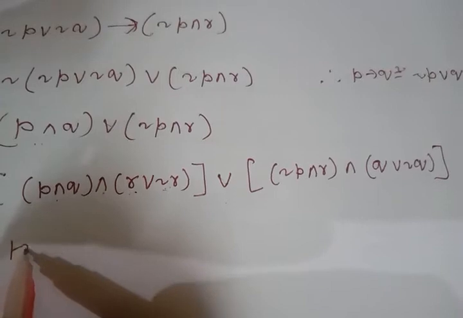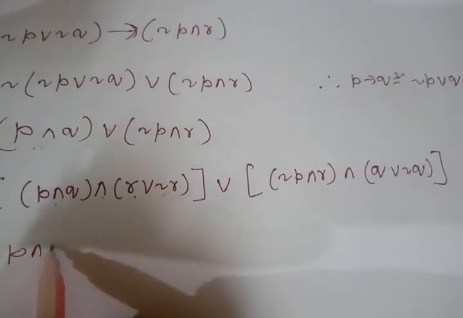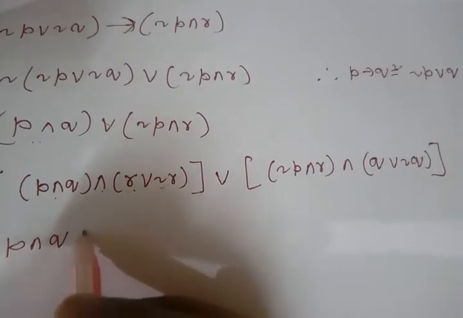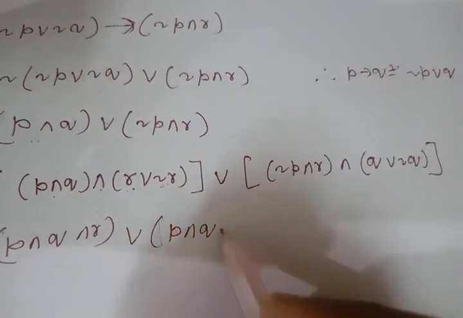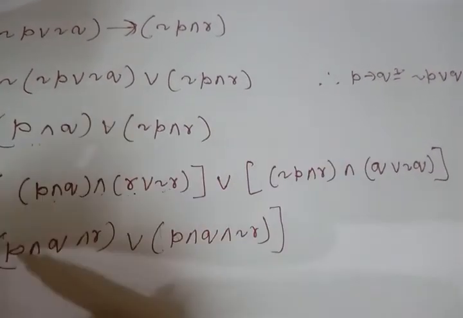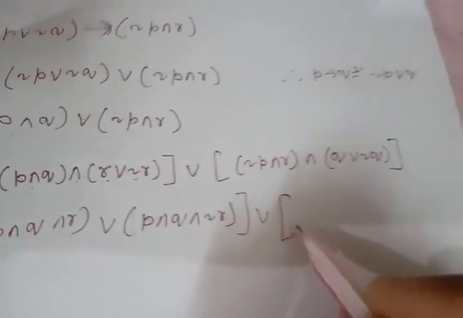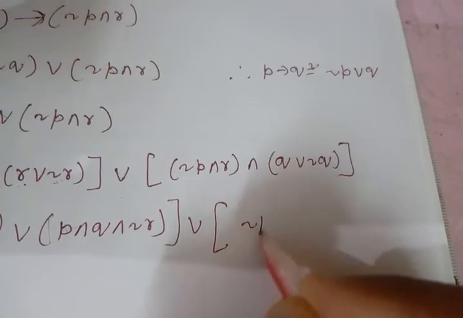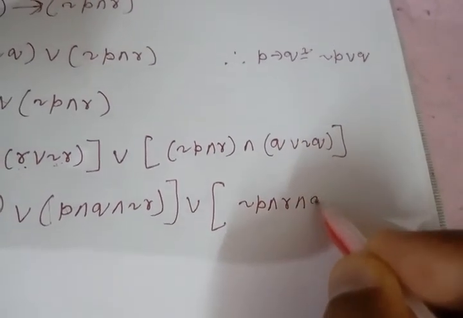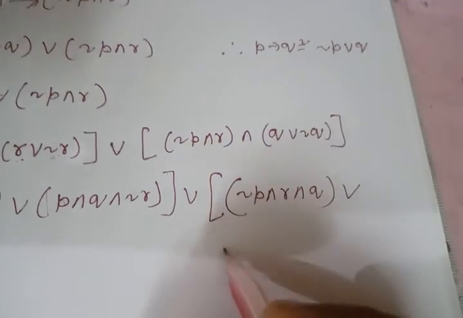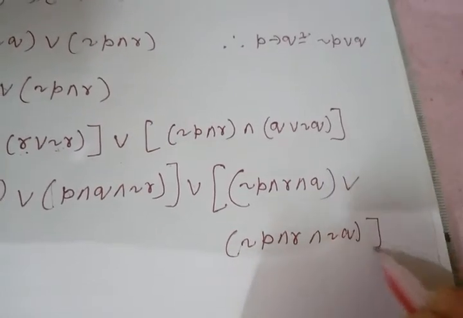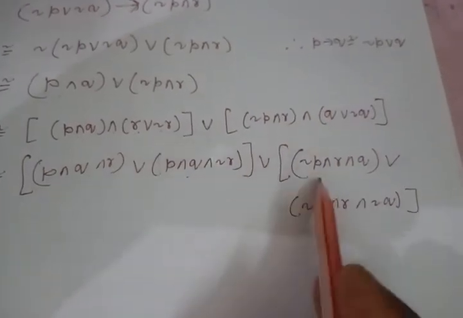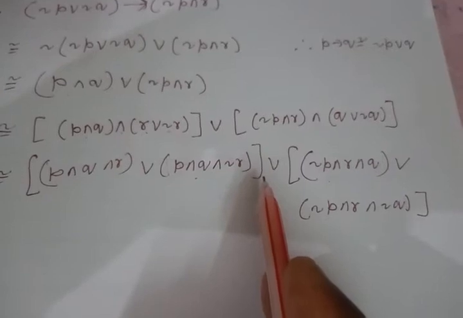P conjunction Q conjunction R, or P conjunction Q conjunction negation of R, or negation of P conjunction R conjunction Q, or negation of P conjunction R conjunction negation of Q. Here all four compound statements are attached with the disjunction notation.